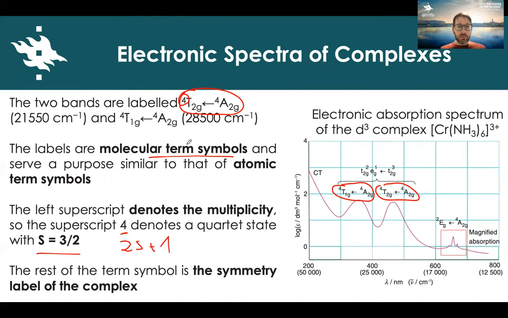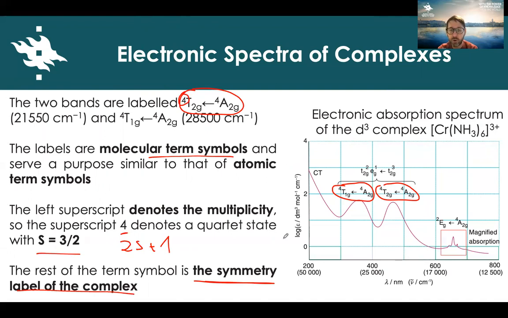And the rest of the term symbol, here in this case T and A, is a result of the symmetry of the complex. So this is a symmetry label of the complex. In free atoms or ions, we have S, P, D, F by analogy with the orbitals.